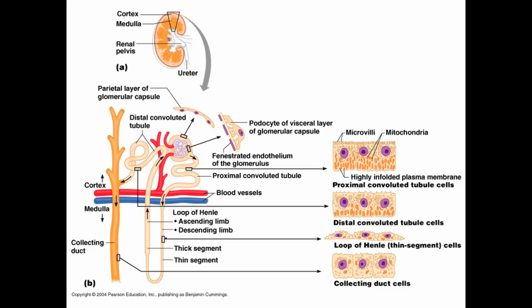And then this in-between part is called the loop of Henle. And then connected to this part is called the distal convoluted tubule or DCT. And then this distal convoluted tubule will connect to the collecting duct.